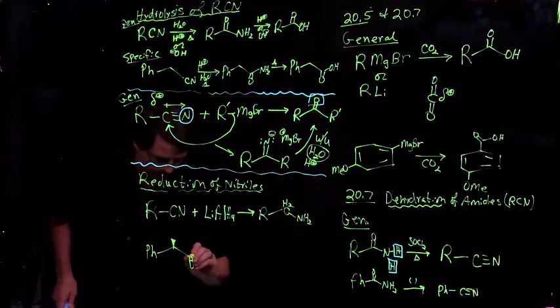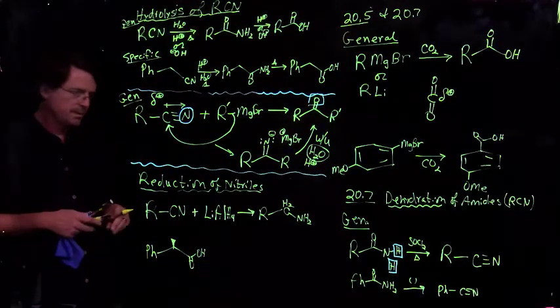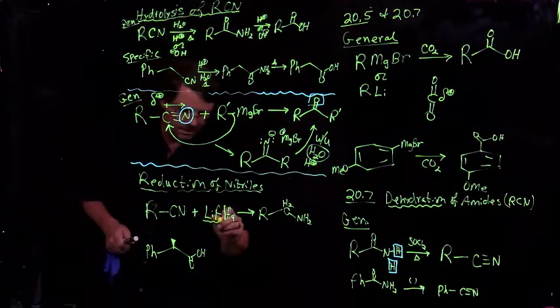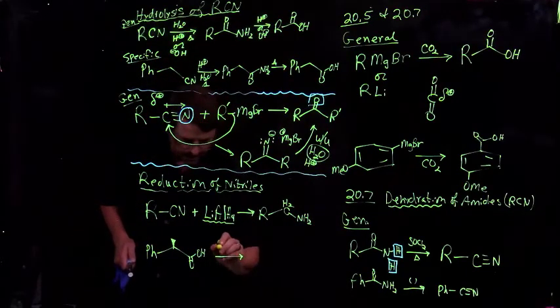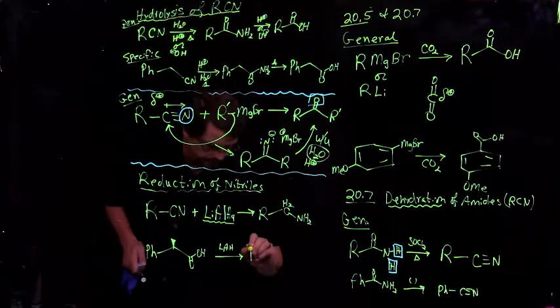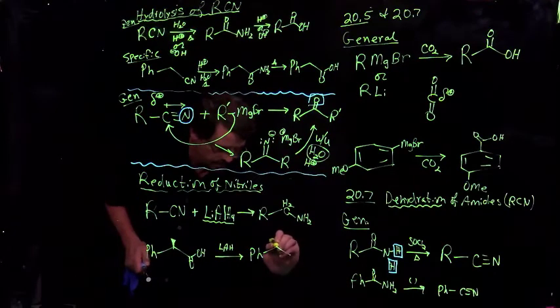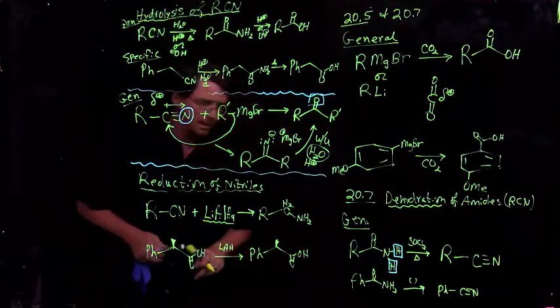You might have a chiral center, and you need to be careful with this because lithium aluminum hydride can be basic. But if you're good and you understand your reaction conditions with LAH, of course this would not, at least so far what we've learned, would not impact that chiral center.